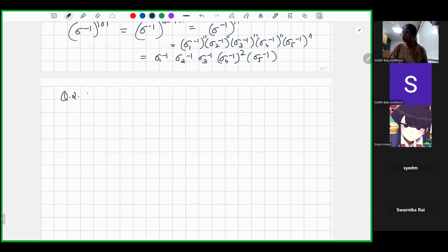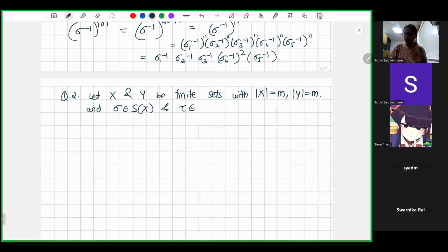Question 2: let x and y be finite sets with cardinalities m and n, and suppose sigma belongs to S_x and tau belongs to S_y, and we have to compute the signature of the following permutations.